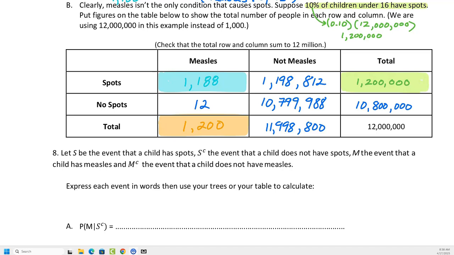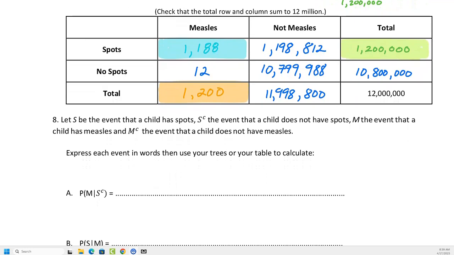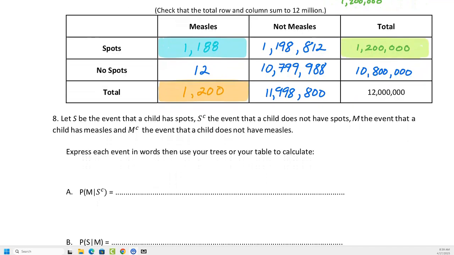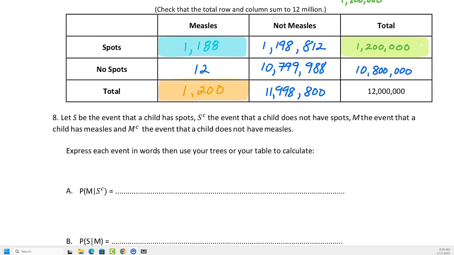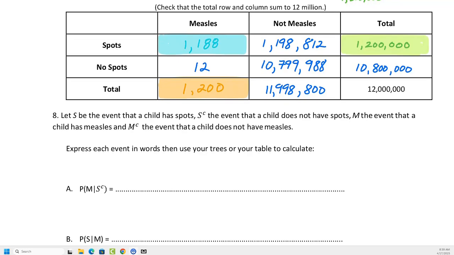Okay. Now it says, let S be the event that a child has spots, and S to the C, right? That looks like a C power. Now, this is saying the complement of S. So that would be the event that he does not have spots.